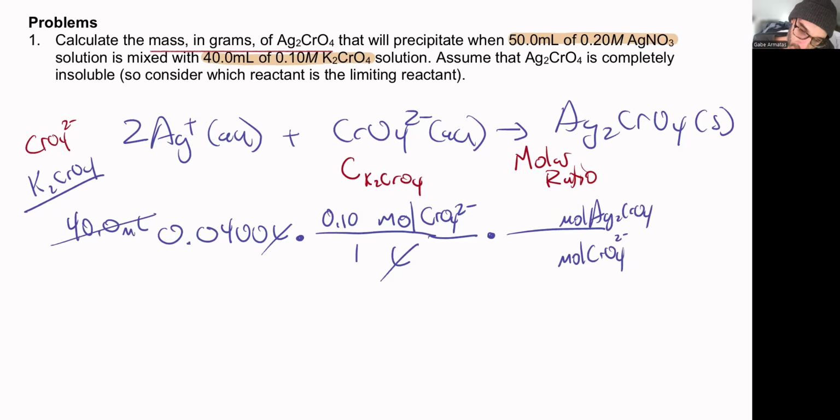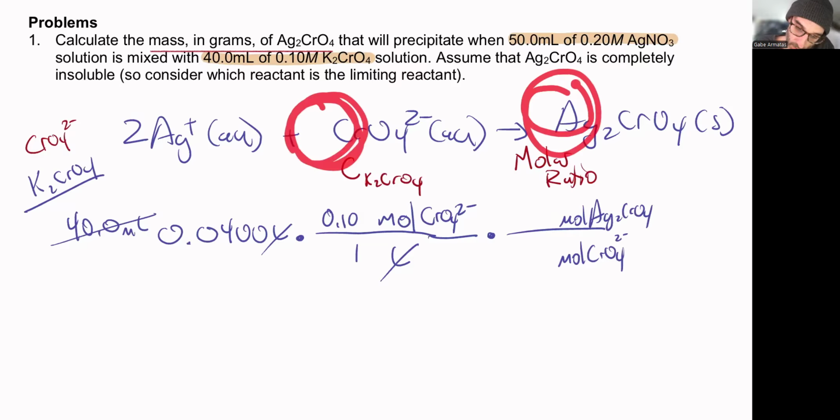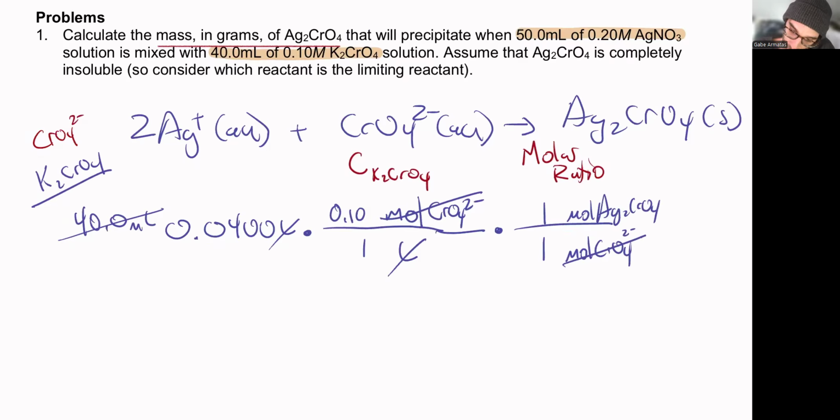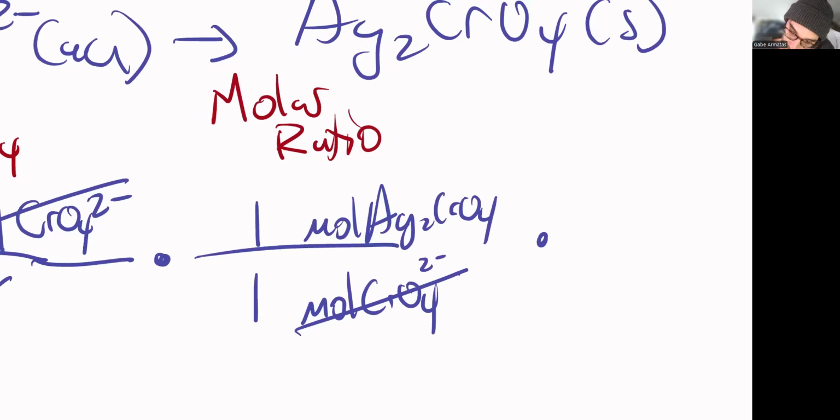For every 1 mole of chromate, I have 1 mole of silver chromate. So it's a 1-to-1 ratio. That makes life easy. Moles of chromate cancel at this point, and I would have moles of silver chromate. Now, the last step, I want to get rid of moles of silver chromate, and I want to be left with grams of silver chromate.